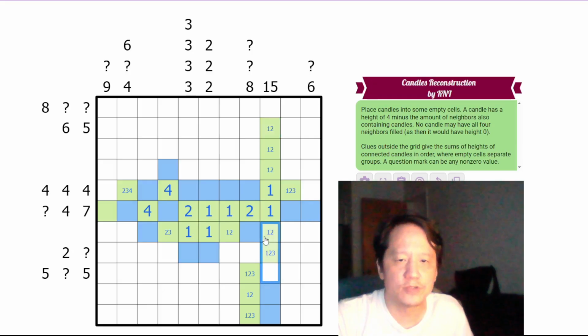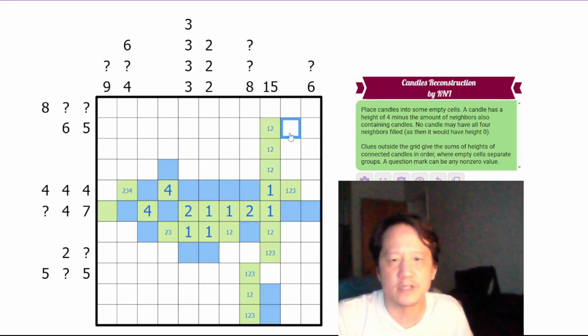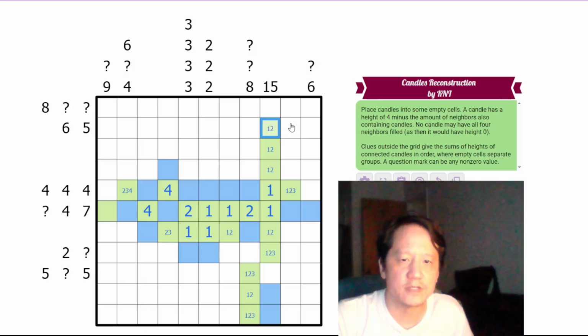Can we have 3, 2, 2? So that would be 9 and then 2, 2, 2. That is possible. So this is guaranteed to be part of the 5 set here. So it can't, therefore it has to be part of there. So one of these at least has a candle, which means this has 2 neighbors with candles, so it's at most 2.